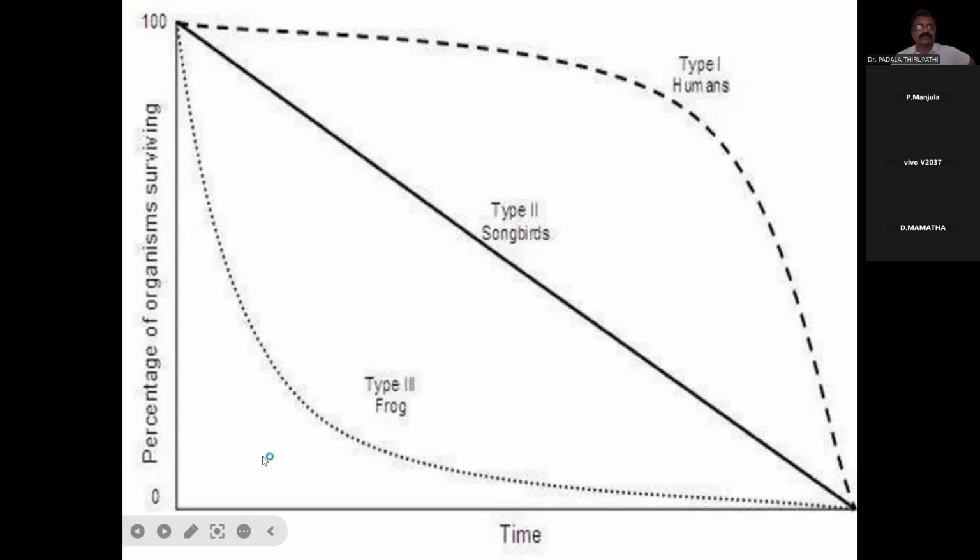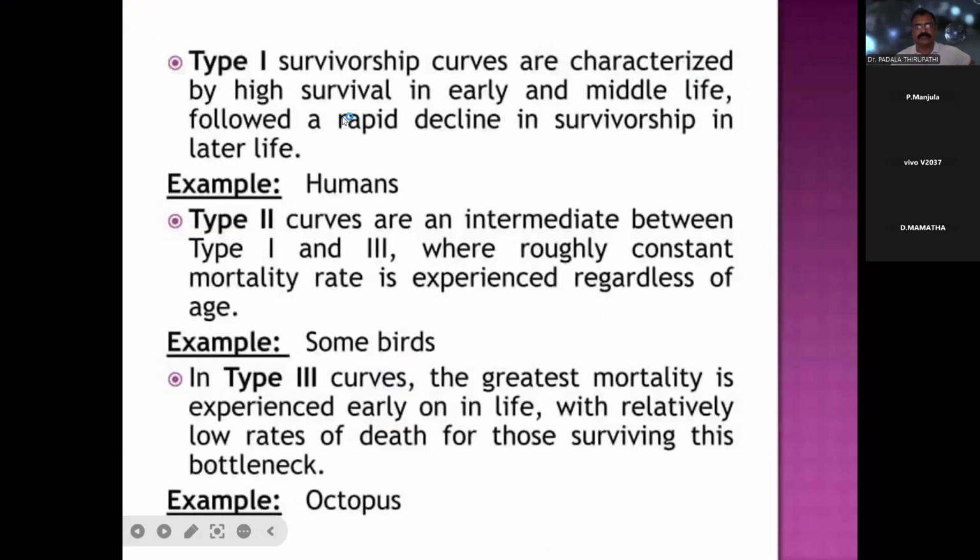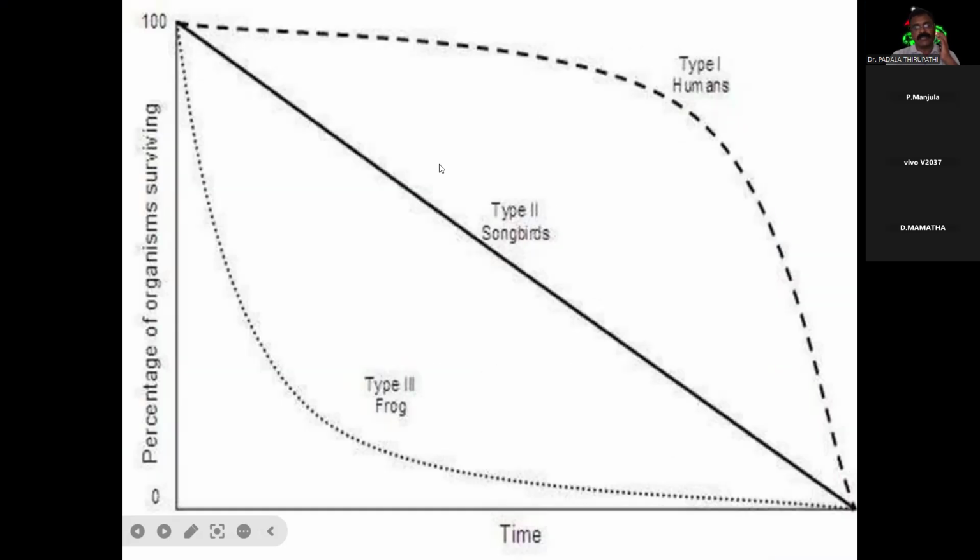On the graph, we take time and percentage of organisms surviving. Type 1 survivorship curves are generally characterized by high survival in early and middle life, followed by a rapid decline in survivorship in later life. So in type 1, it is high here and later it declines.